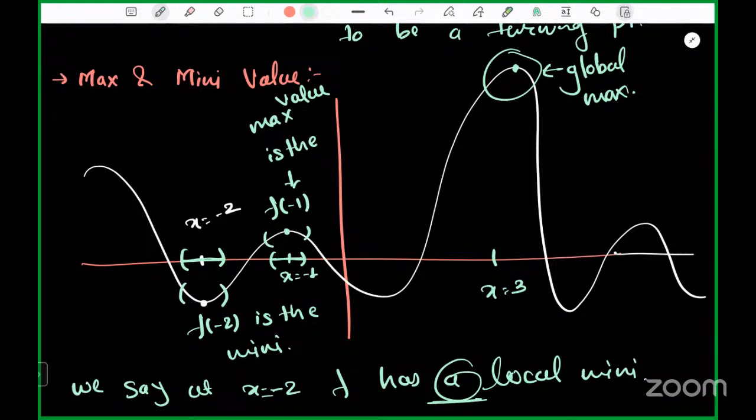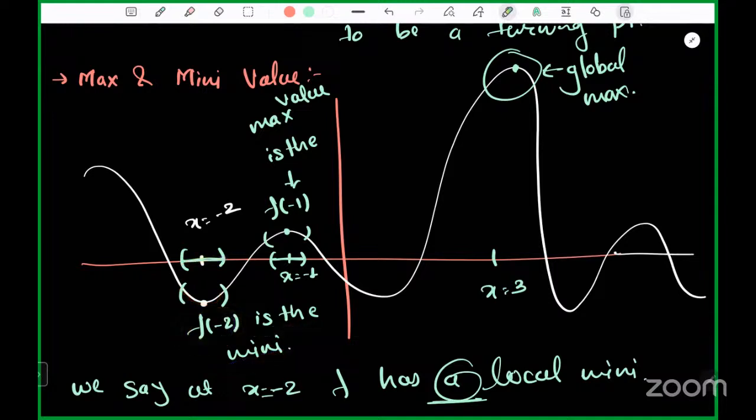So I was talking about local maxima and local minima. Local minima means, for example, here we have the point x equals minus 2. You can take a small interval around x equals minus 2, and if you consider the functional values in this small interval, you observe that the value f of minus 2 is the minimum value over the small interval only.